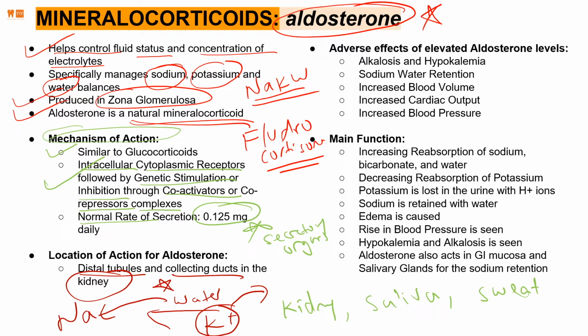Just like water following sodium, potassium is followed by hydrogen ions. Just a fun fact. Why? Because hydrogen is a proton that causes normal pH levels. But if it's lost, the pH is imbalanced, right? Therefore, the adverse effects of elevated aldosterone levels cause alkalosis and hypokalemia.